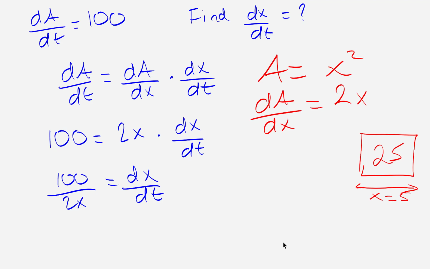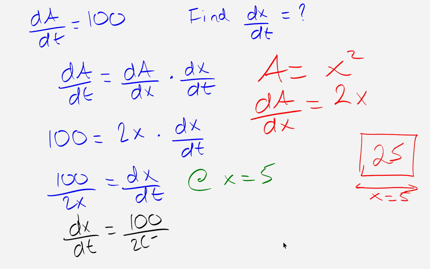So at the point where x is 5, my final answer, dx/dt, will equal 100 over 2 times 5. So that's 10. It's a side length, so it's centimeters, and it's a rate, so it's per second.